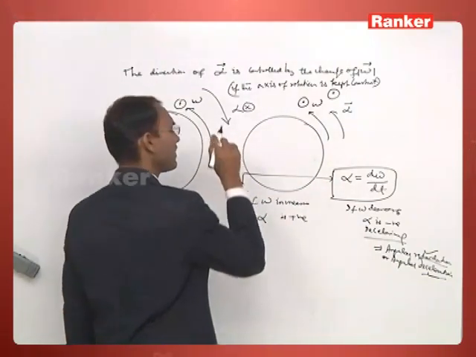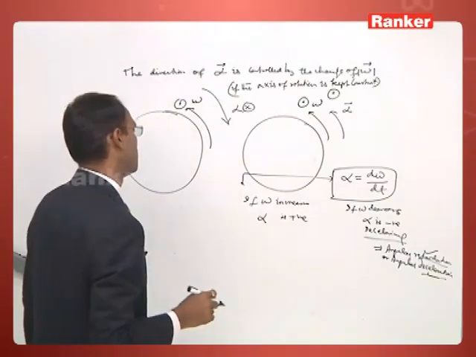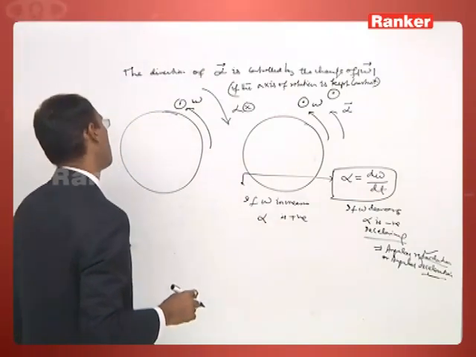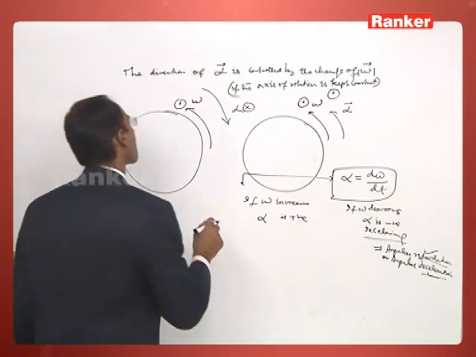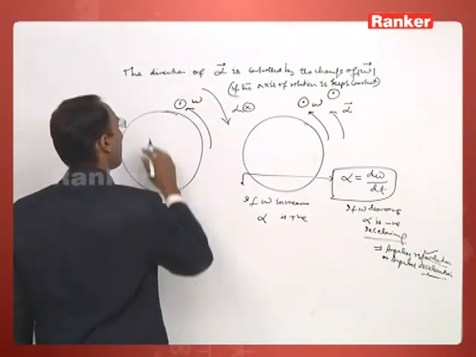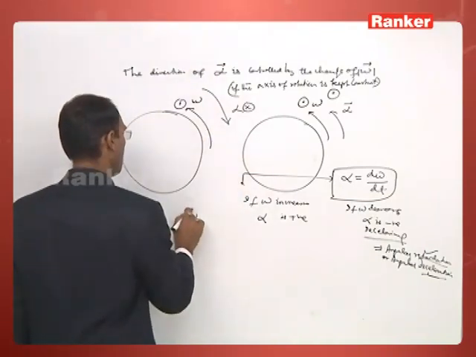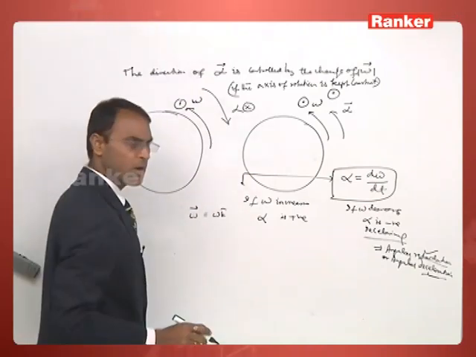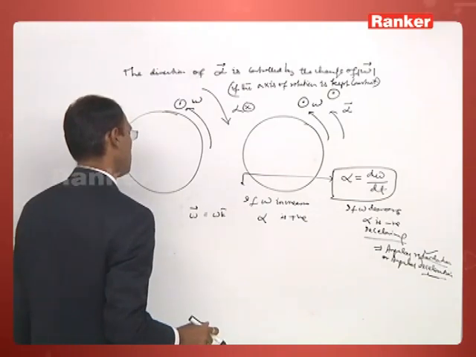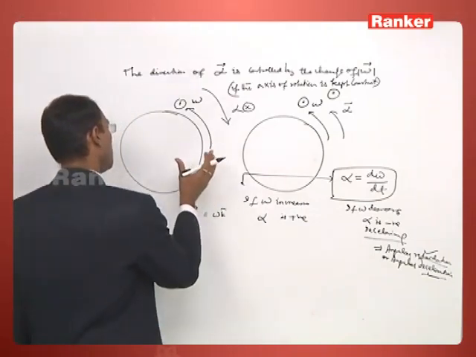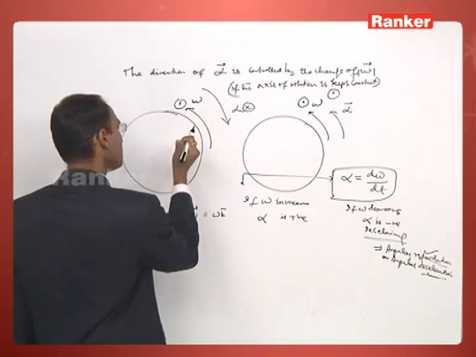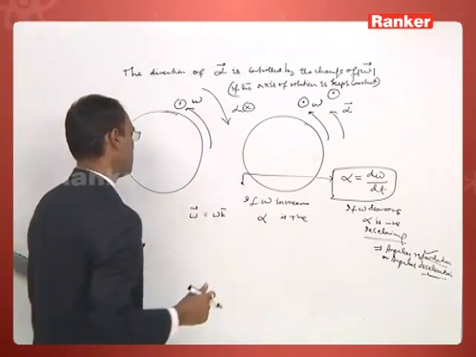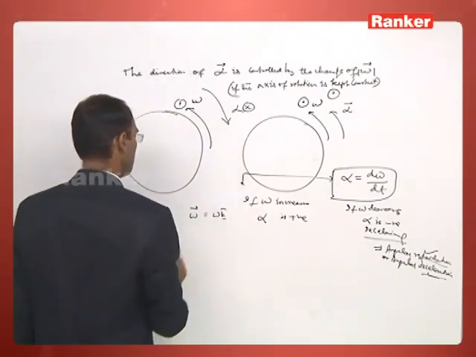Omega decreases, alpha is negative. Assuming that omega is pointing in anticlockwise manner, or it is rotating anticlockwise, or it is pointing in positive z direction. This is the assumption.